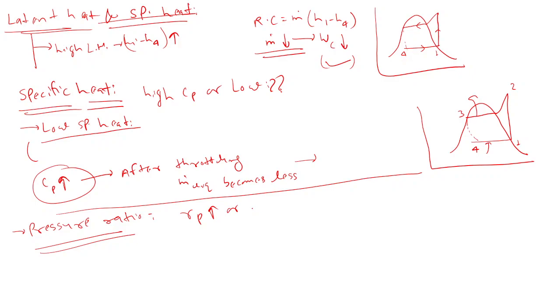Low. Low means volumetric efficiency would be better, because we saw volumetric efficiency is a function of RP, right? So we want low pressure ratio.